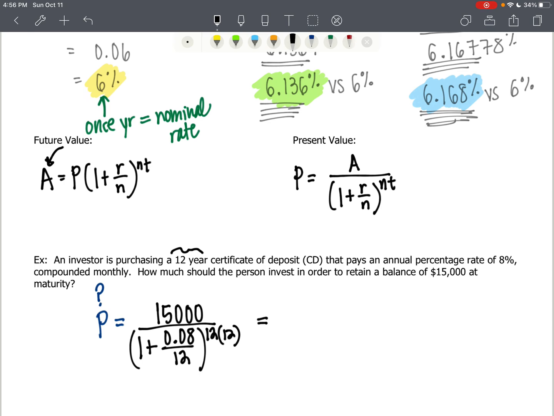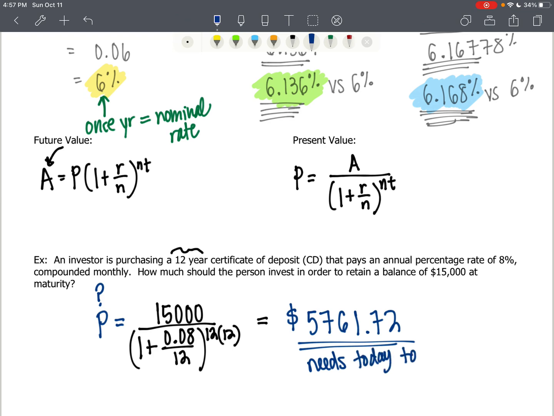When I put that into my calculator, the present value, drum roll, press pause, is $5,761.72. That's what he needs today to end up with $15,000 in 12 years.